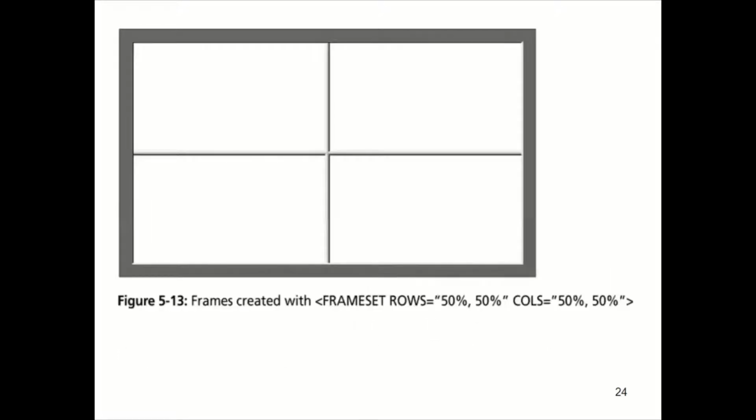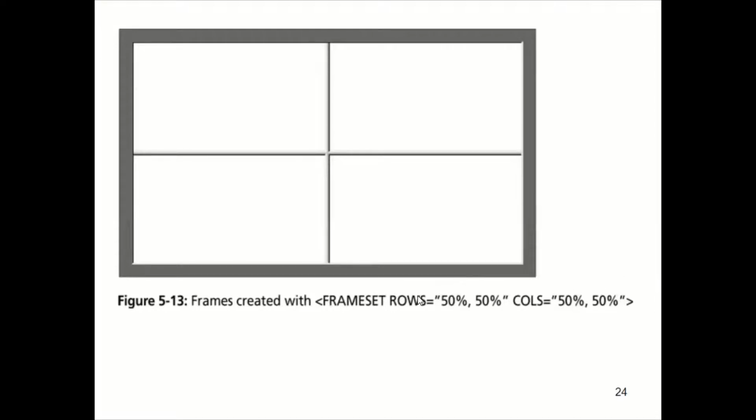Here we can see that frameset is dividing the browser window not only row-wise but also column-wise. It means frameset can use the rows and cols attributes at the same time.